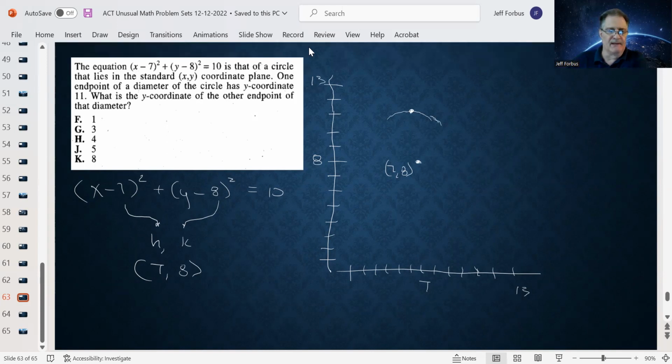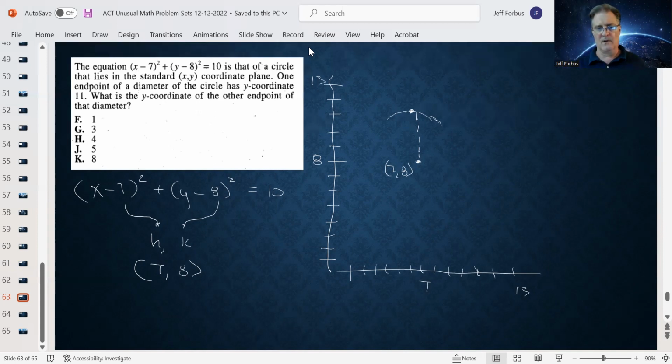And the question says, what is the y-coordinate of the other end point of the diameter? Well, all right, so from (7, 8) to 11, that is our radius. So 8 to 11 is how many units?